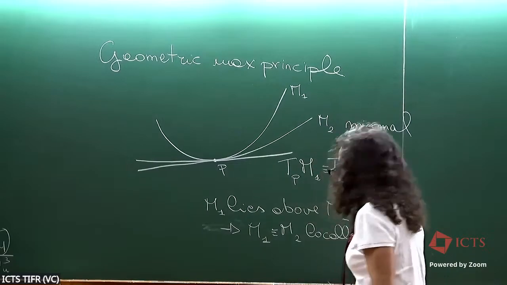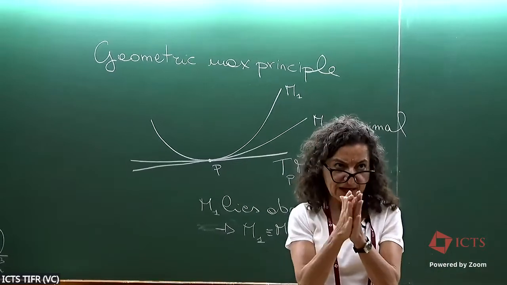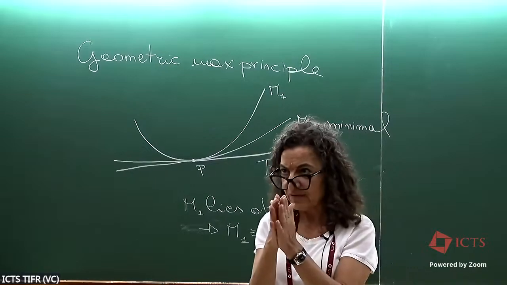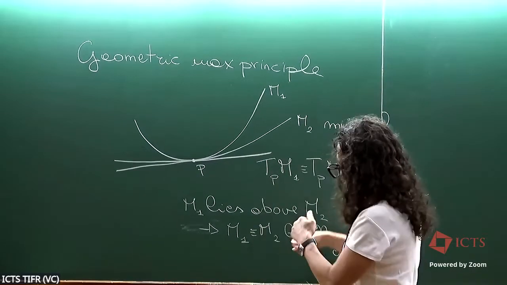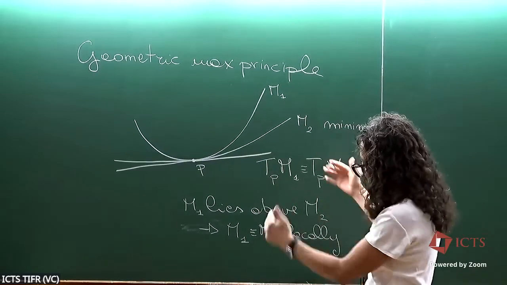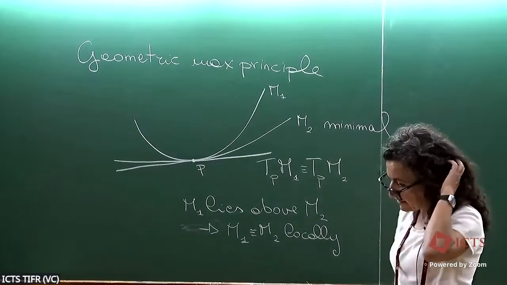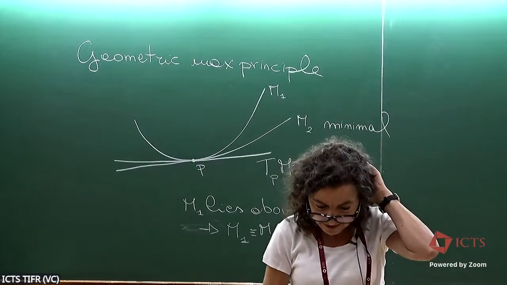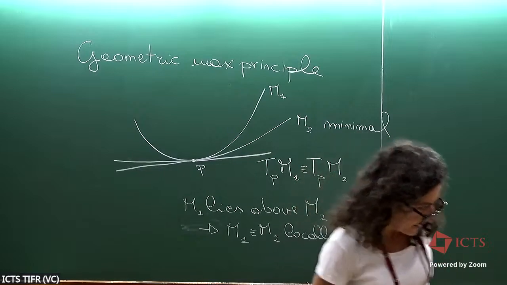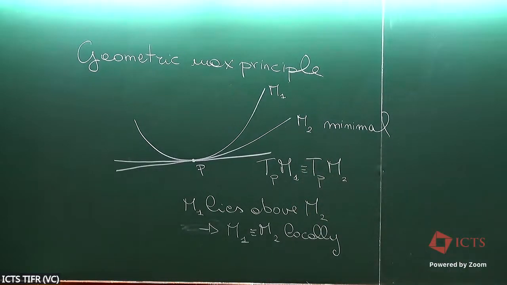So you cannot have two minimal surfaces touching at a point, one being on one side of the other. This is more general, but this will be the way we are going to use the maximum principle that we are going to prove.